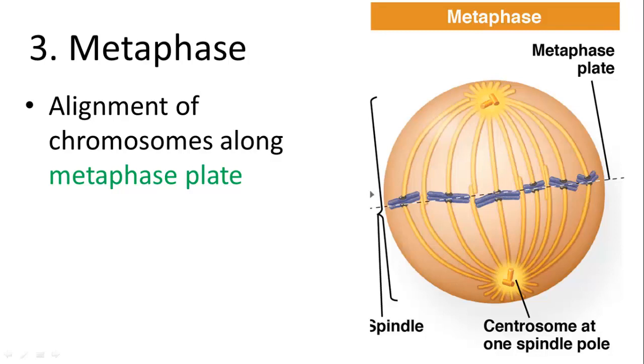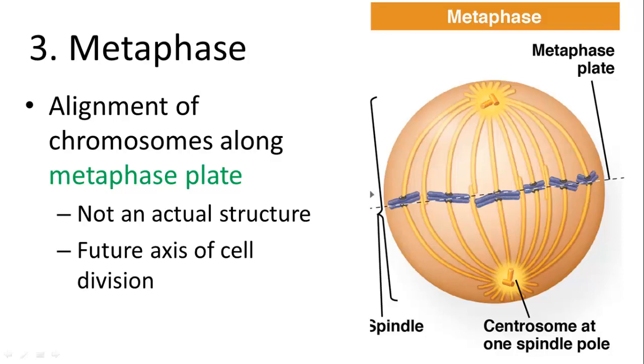Metaphase is where they meet across the middle, and there's no physical place where the metaphase plate aligns, but it's more of an imaginary line where they all line up, generally in the middle. This is also the future axis of where the cell will divide, but there's nothing physically there denoting the place.